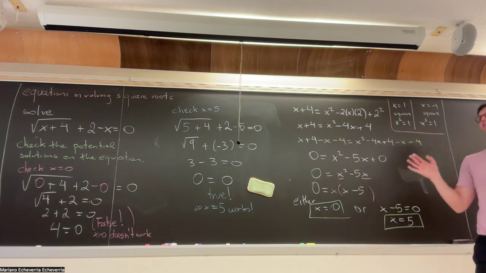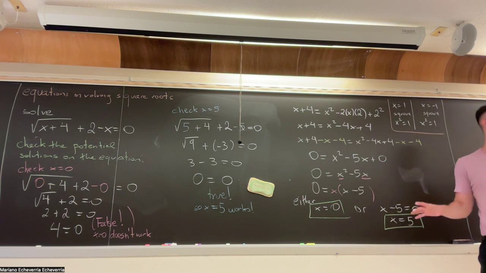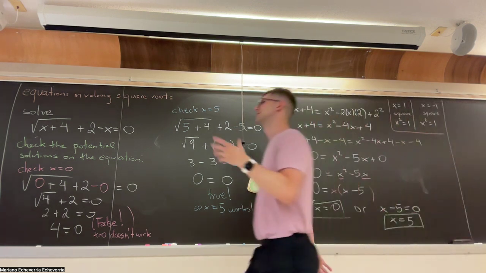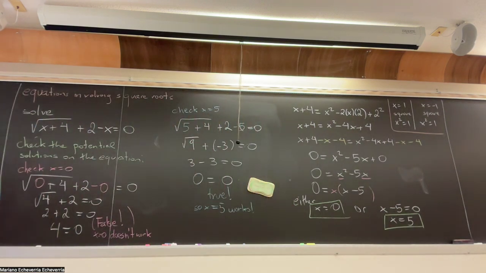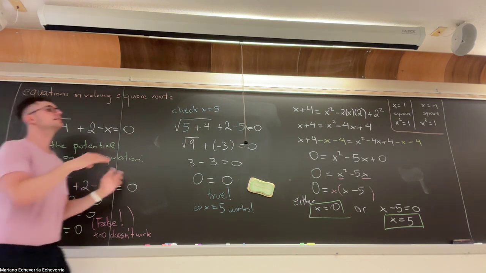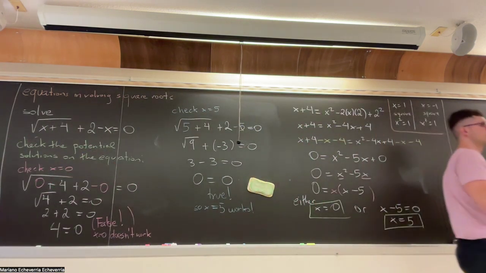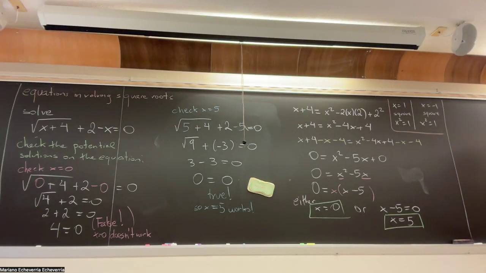There's no reason to freak out if none works, but I would double check just to make sure you didn't make any arithmetic mistakes. For most of the problems I would give you, there will always be at least one solution. But there's no rule as to how many have to work. Whatever works, works, and whatever doesn't work, doesn't work. You shouldn't create expectations about what's supposed to happen.